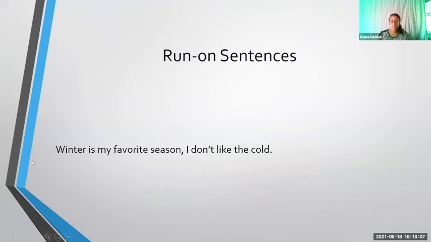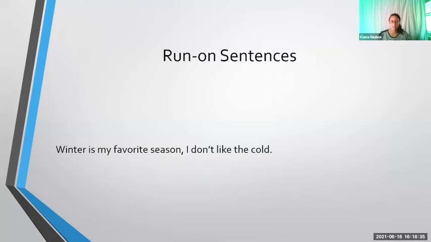So here is another example of a run-on sentence. And there's something missing from this sentence. So how can we fix this sentence? What is missing? Winter is my favorite season. I don't like the cold.